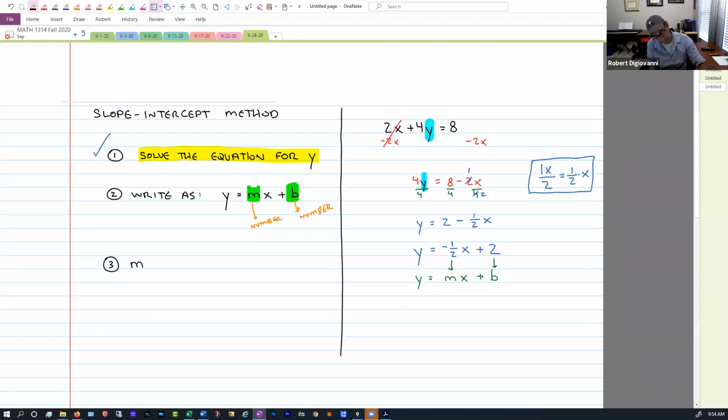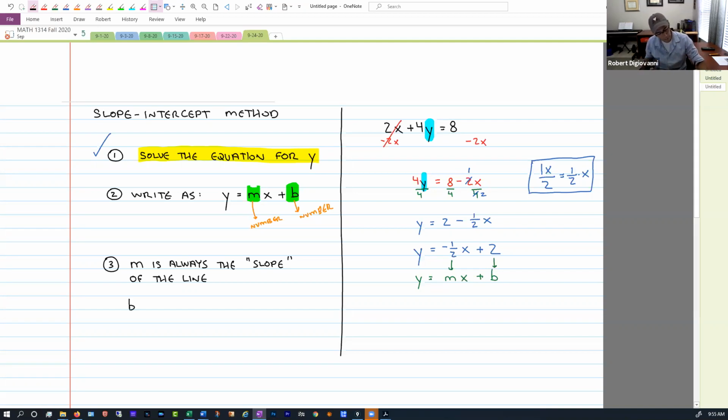The m, the number in front of x, is always what we call the slope of the line. The slope means the pitch of the line. If you have a line, it can have different pitches to it. That number in front of x tells us about the pitch of the line.